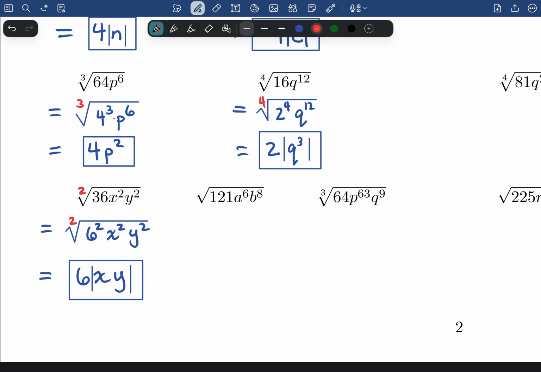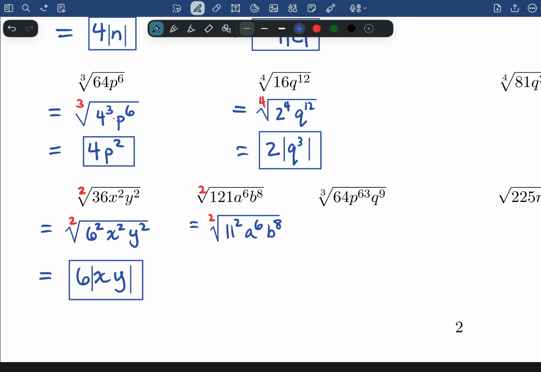Here I see another square root. And so I say, okay, this is the square root of 11 squared, right? 11 squared is 121. So you need to look for those perfect squares. And then I got a to the 6th and b to the 8th.